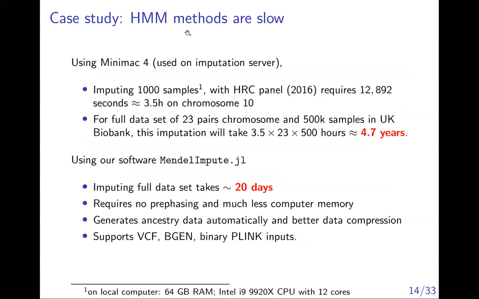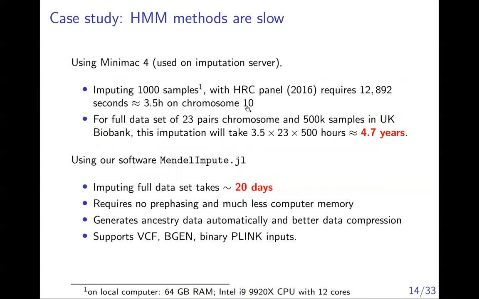Here's a case study, just to illustrate that HMM methods are actually slow. I ran Minimac 4 on a local computer. By the way, Minimac 4 is used on the Michigan server, so almost everyone is using Minimac 4. If you impute 1,000 samples using the HRC panel, the 2016 panel, this problem will take about 3 hours on one chromosome.